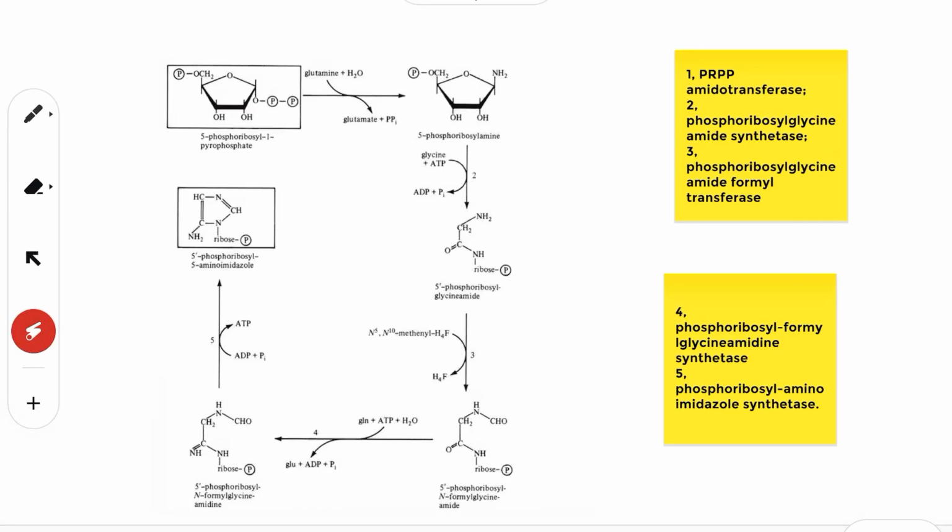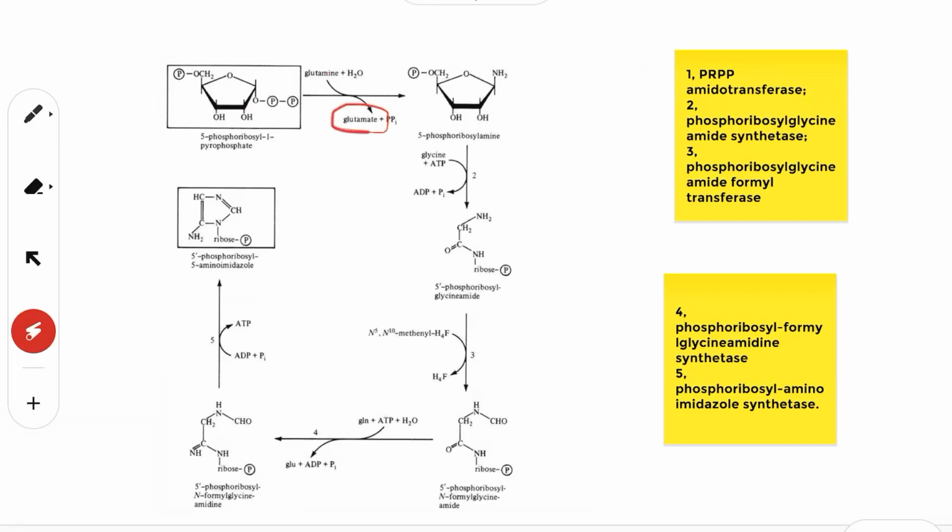The reaction begins with phosphoribosyl pyrophosphate, which is the donor of ribose 5-phosphate, and it reacts with the amino acid glutamine. This reaction is catalyzed by the enzyme phosphoribosyl amidotransferase. So this enzyme catalyzes the reaction between PRPP and glutamine.